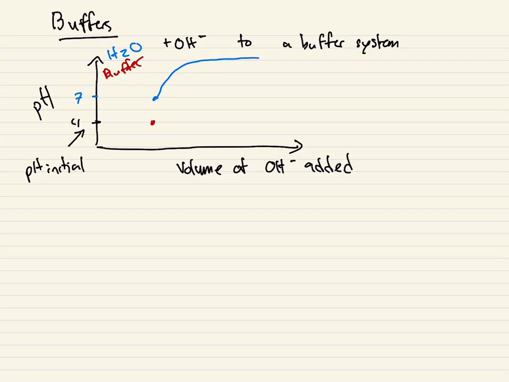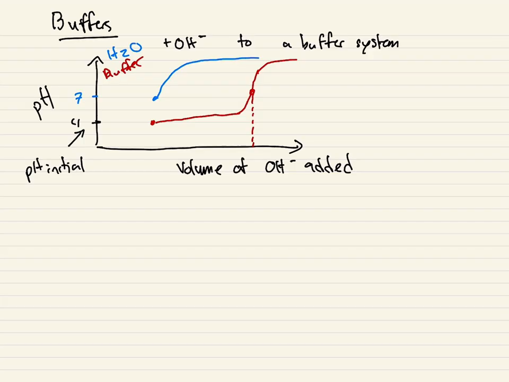When you initially add base to the system, you are going to change the H3O plus concentration a little bit because you're adding something that shifts the equilibrium a bit. But it should probably stay mostly flat. And then it'll start to go up, right? And once it starts to go up, then it'll end up reaching whatever the same pH is for the water system, right? And so at this point, right, this is usually the end point of a titration.